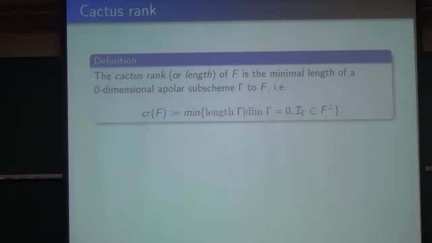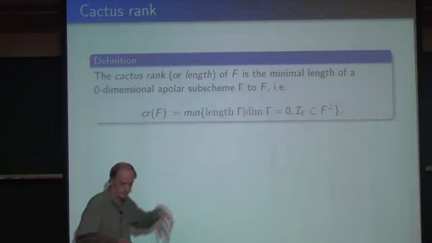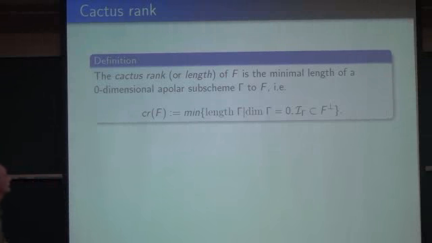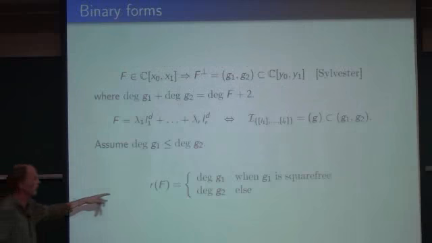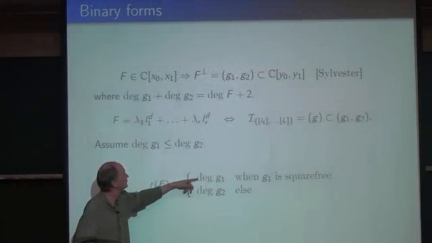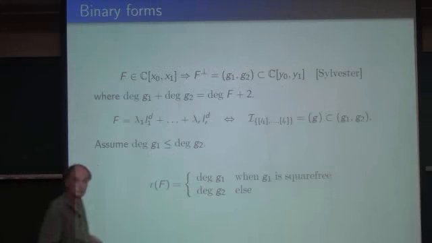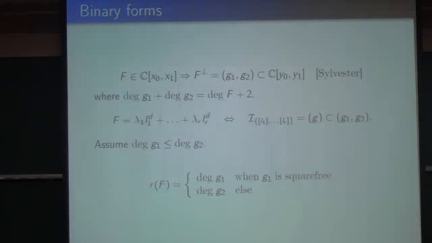So because of this, there is a modern definition of cactus rank, where we just don't think about counting points. We also allow these thick points, and then you ask for the minimal length. So in that case, the cactus rank of a binary form is exactly the smallest degree of the two, independent of whether this is square free or not.